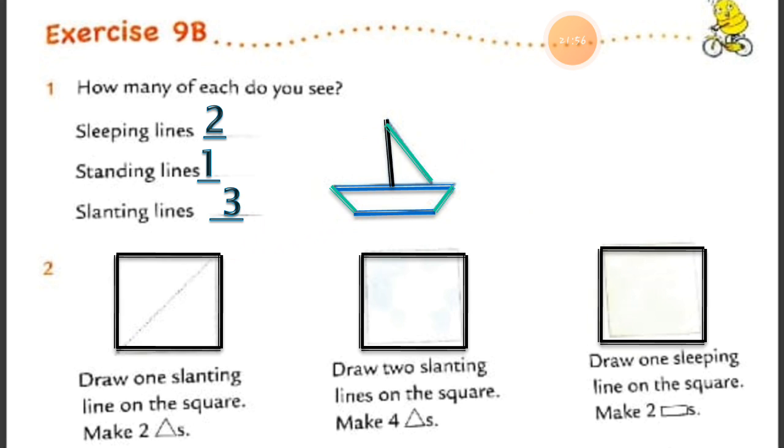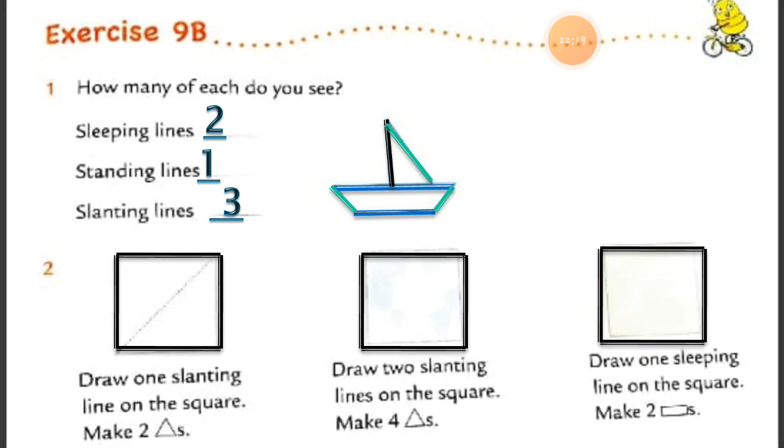Okay students, now let's move to the question number 2. What is the heading? In the question number 2, 3 square shapes are given.